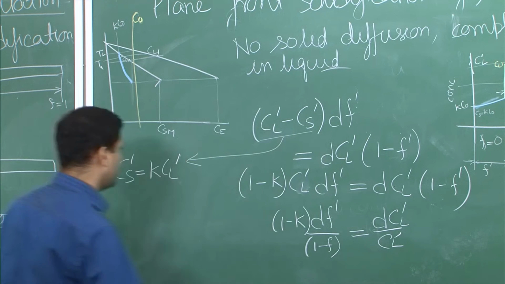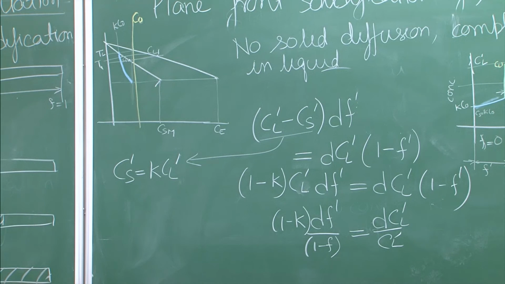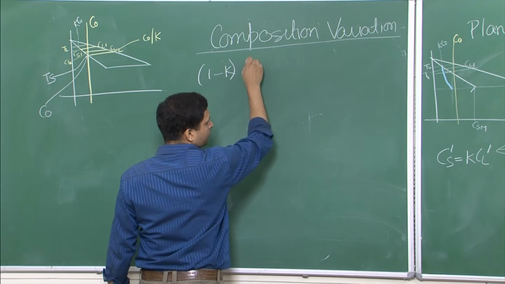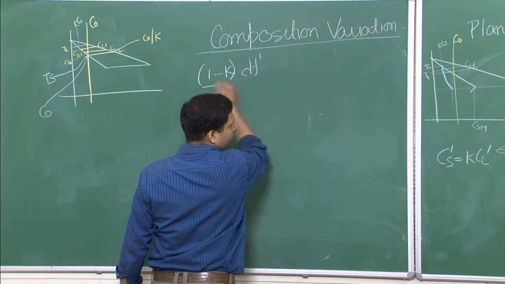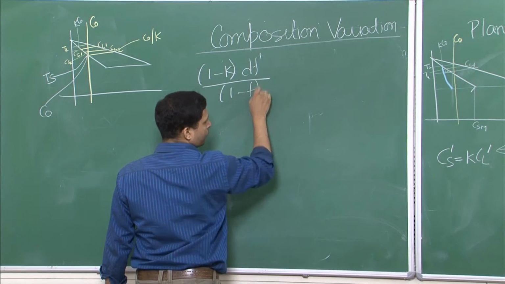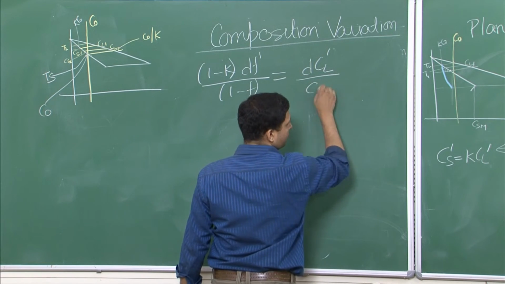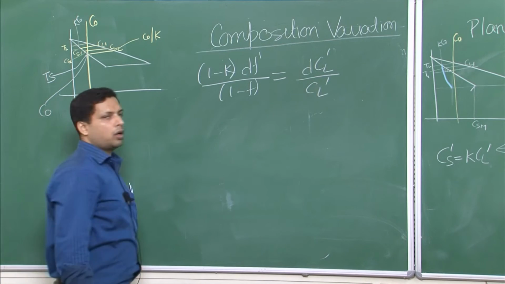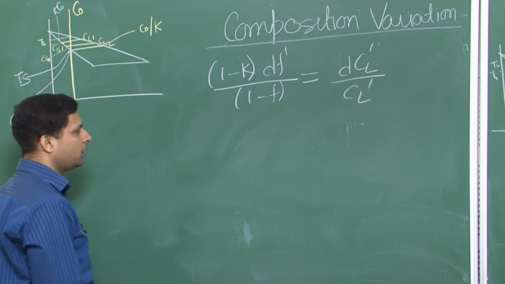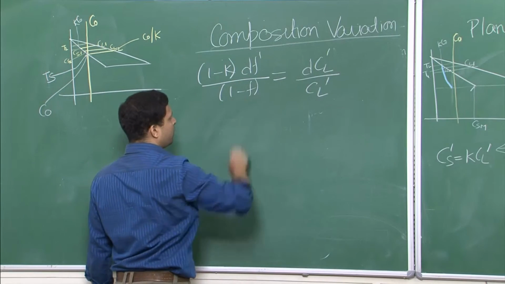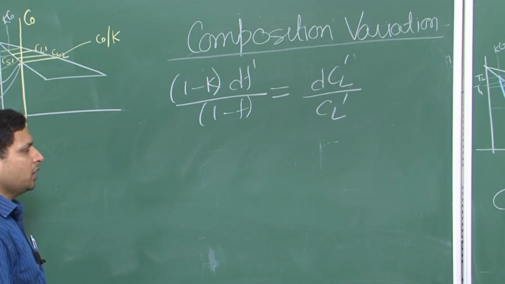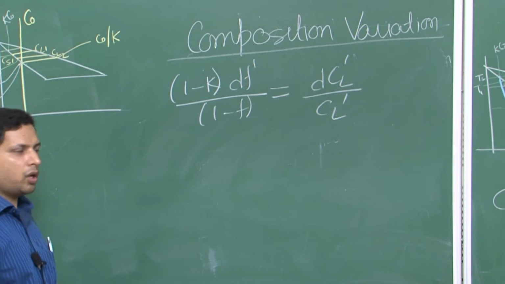So let me take it to this board. So we know the form. If you want to integrate it, then df prime by 1 minus f or dCl prime by Cl prime will get integrated into a log form.